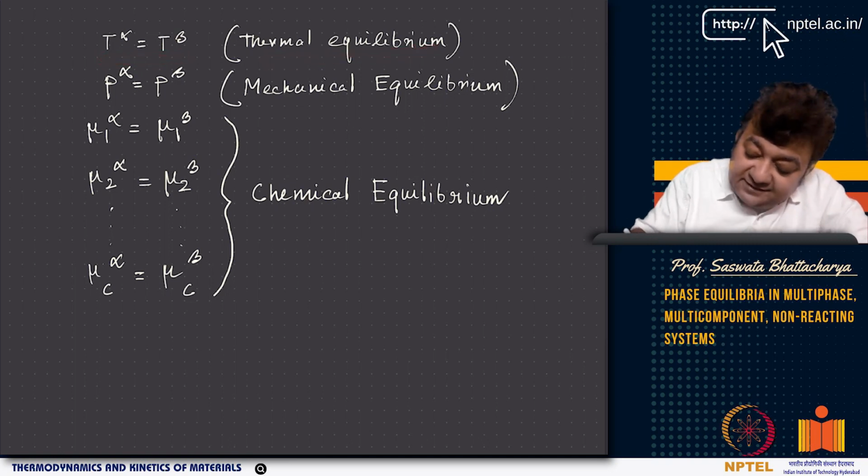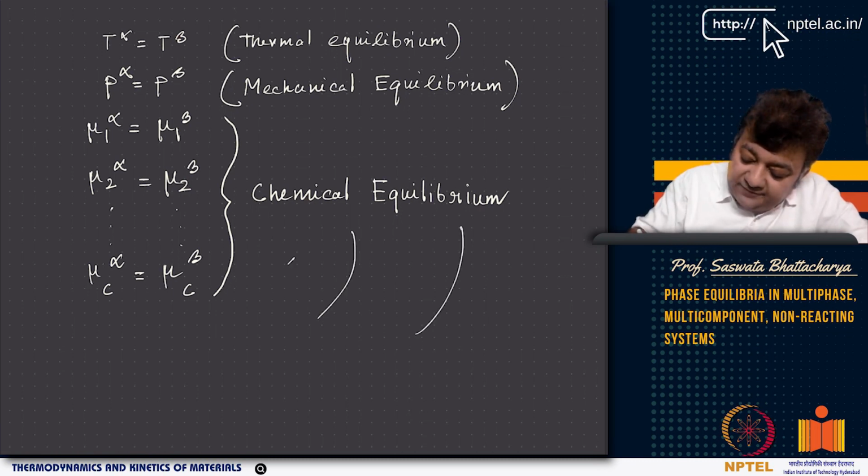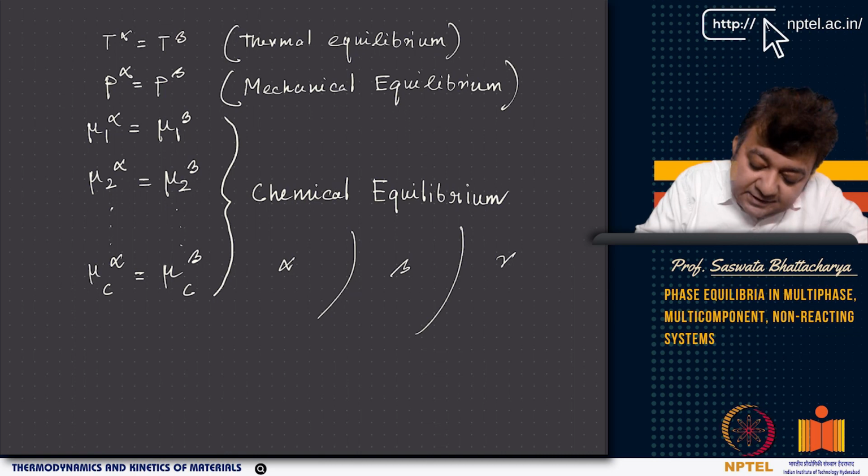If you have several phases, as we have also demonstrated, say for example you have an alpha phase, a beta phase, and a gamma phase. Now if each phase contains several components, across these you will have T alpha equals T beta equals T gamma, P alpha equals P beta equals P gamma, which is mechanical equilibrium.